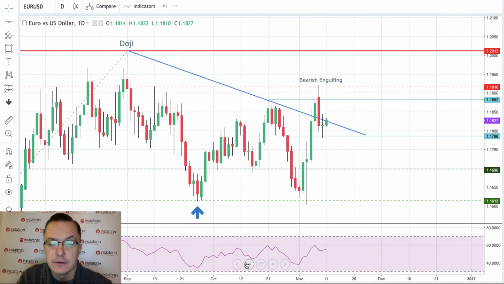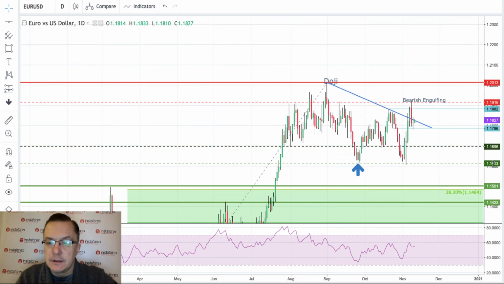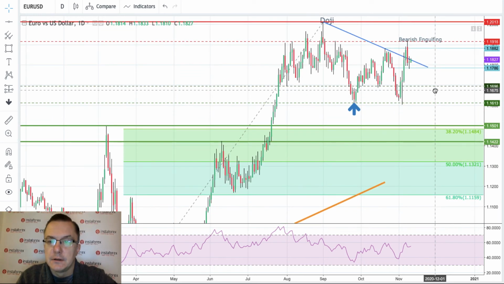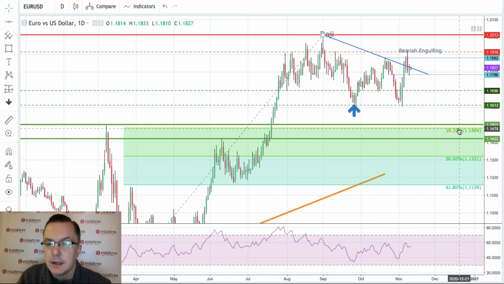And if we take a look at the broader perspective, we can see that we are trending higher and higher. Of course, there is still a Fibonacci level to be tested, and as you can see, I have my two green lines marked on the chart: 1.1422, 1.1501, which are long-term technical supports.